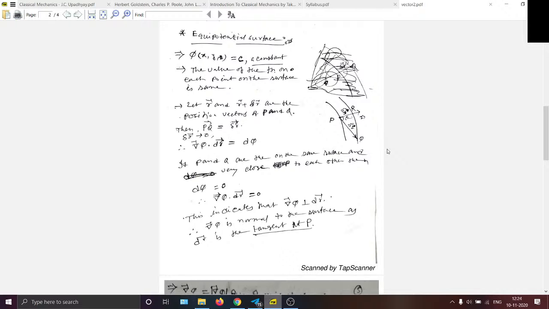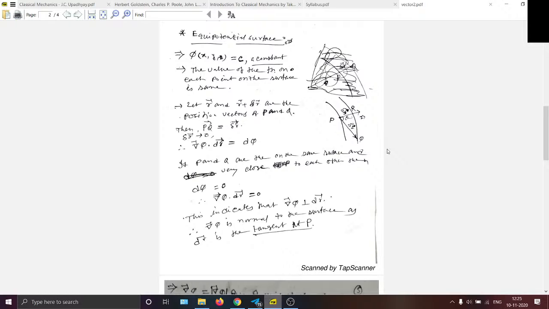Now, for this kind of situation where you have an equipotential surface, what happens to the gradient of that surface? Let's see. In the figure on page 4, let's say I have a point P on the surface, and I have drawn another surface, phi plus delta phi.